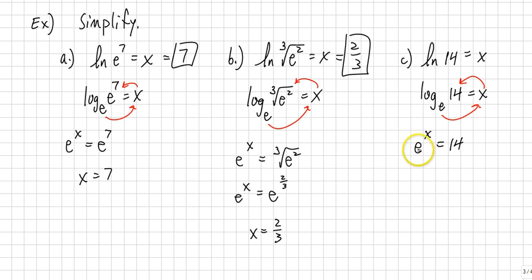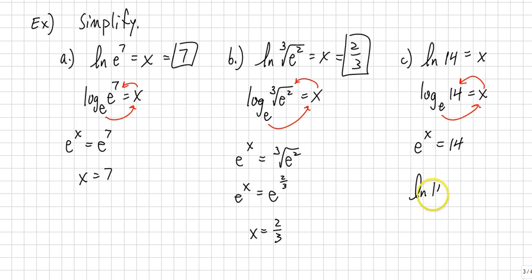So I can't change 14 to be base e. That's not going to work. So e to what power is 14? We're not going to be able to get a high degree of accuracy for that without the use of a calculator. So one like this, there's not really a whole lot we can do without using a calculator. So we don't know what power that is.